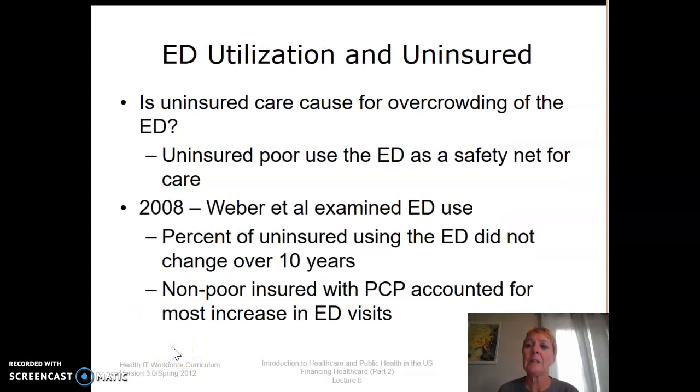So ER utilization by the uninsured. The uninsured poor use the emergency room as a safety net for care. In 2008, they did an examination of ED use. The percent of uninsured using the emergency room did not change over 10 years. And the non-poor insured with a PCP accounted for the most increase in emergency room visits.